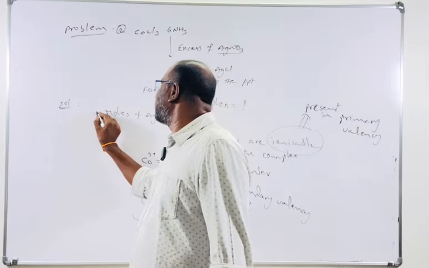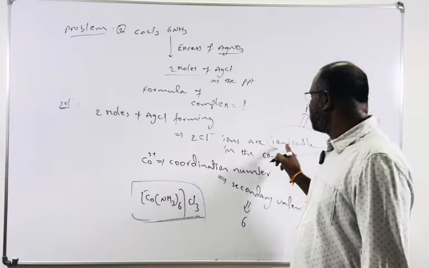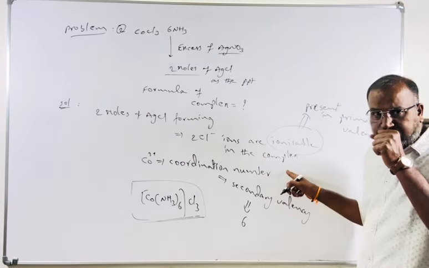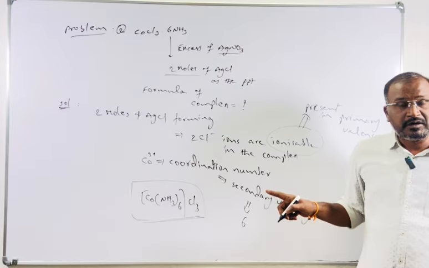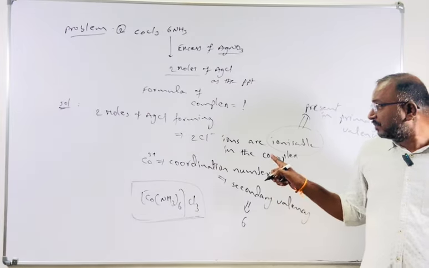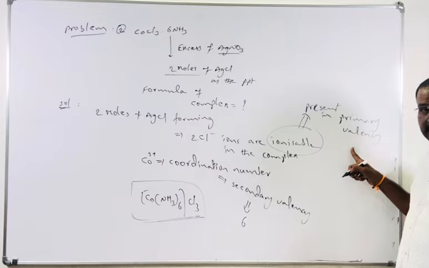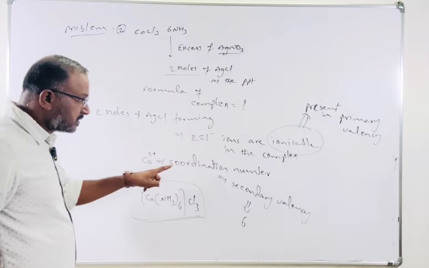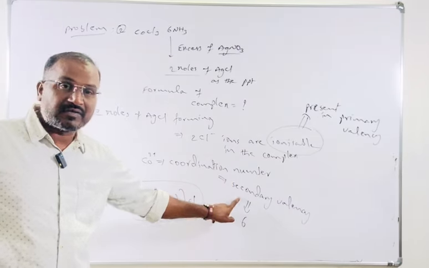2 moles of AgCl forming means 2 chloride ions are ionizable in the complex. Means 2 chloride ions are present in the primary valency. The coordination number of cobalt 3+ is 6, because the secondary valency is 6.